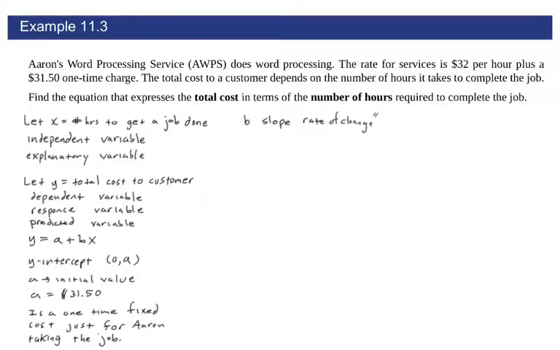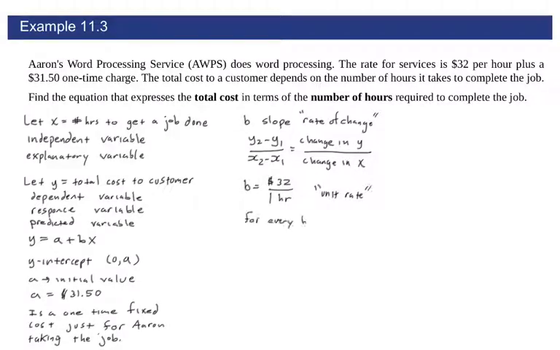And our slope here is a rate of change. And so you might recall from algebra, y2 minus y1 over x2 minus x1. I like to refer to it as the change in y over the change in x. So it's a ratio of those two. And so in this case, our b is $32 per 1 hour.